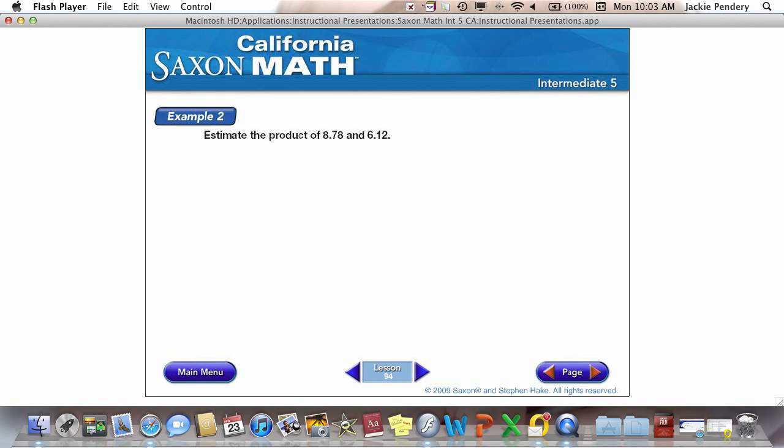Okay, estimate the product of 8.78 and 6.12. We are, of course, going to write our original numbers first. 8.78, 6.12. 8.78 rounds up to 9 because 78 is much closer to 100 or to a whole. 6.12 is going to round down to 6.